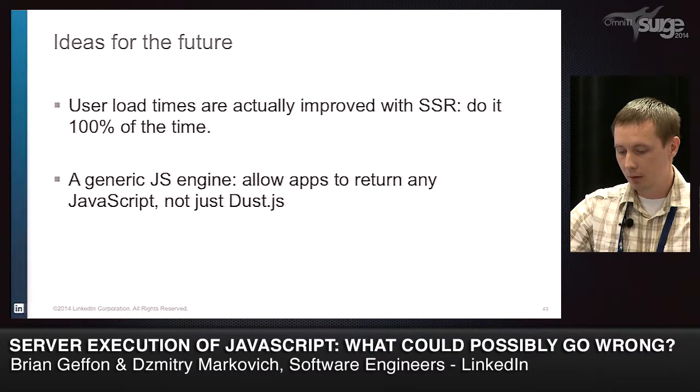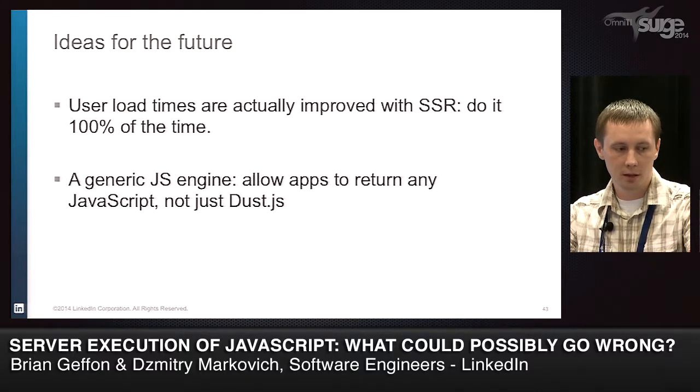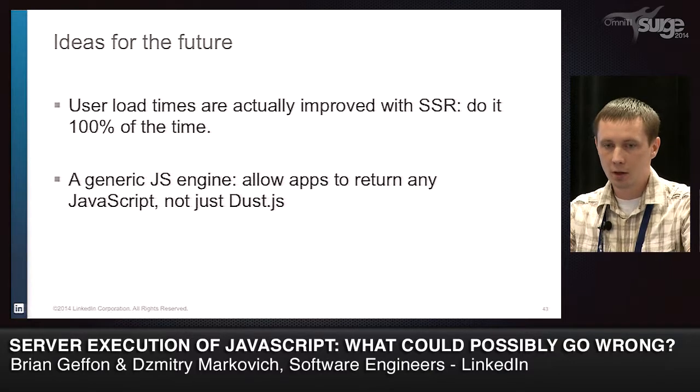From this, we are also going to think of a generic JS engine we can use for our requests, since we linked our solution to Dust.js, where we render templates. Going forward, maybe every one of you knows about Java 8's new features, where it supports running JavaScript natively.